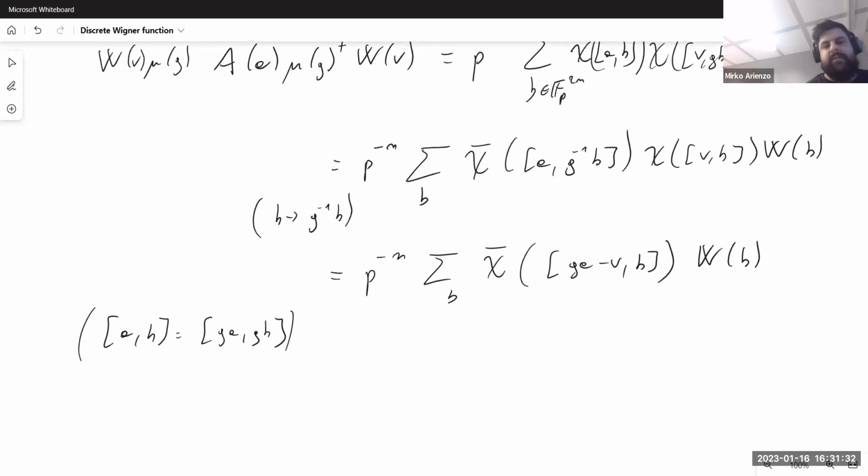But now we have again basically a phase point operator, but translated. So this is just A of GA minus B.